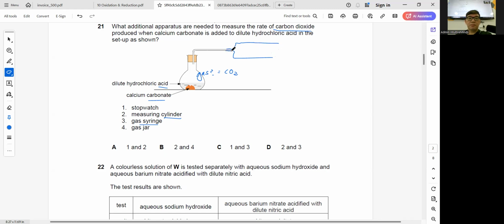Also, remember to use pencil, okay? Once you're done drawing the gas syringe, draw a stopwatch.